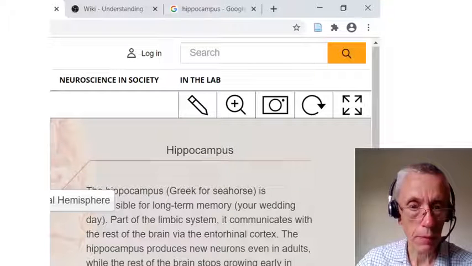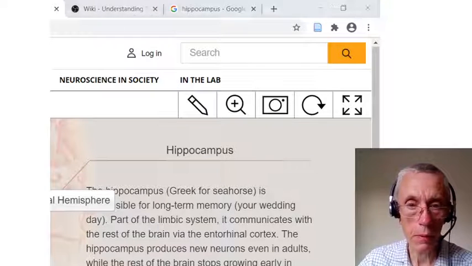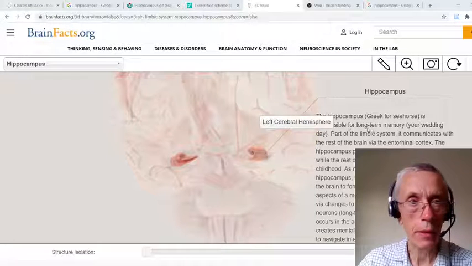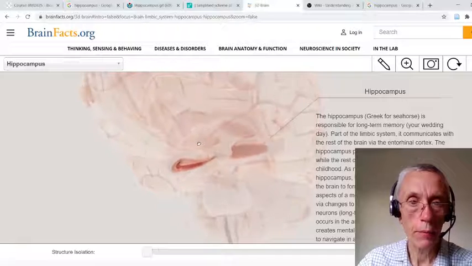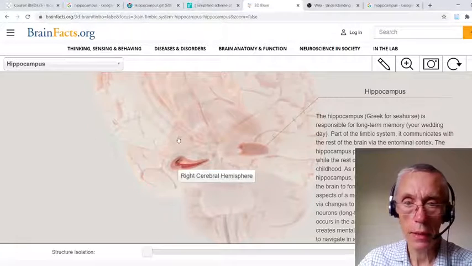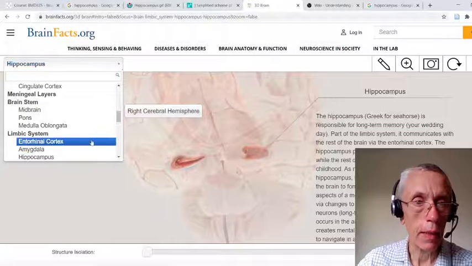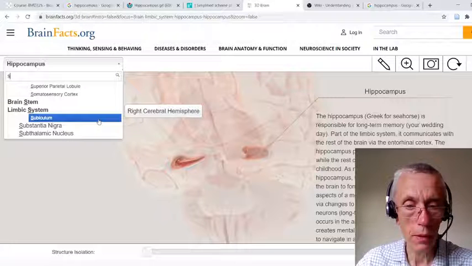I'll just make this bigger for you. So do please go and have a look at this site, brainfacts.org. So we're looking at the hippocampus and the entorhinal cortex. Let's find the subiculum first.